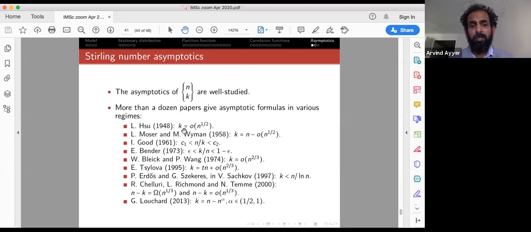So the first paper considered little o of square root of n, then n minus little o of square root of n, then all kinds of regions, and none of them seem to work for me, because I wanted to take the limit where k scales with n.